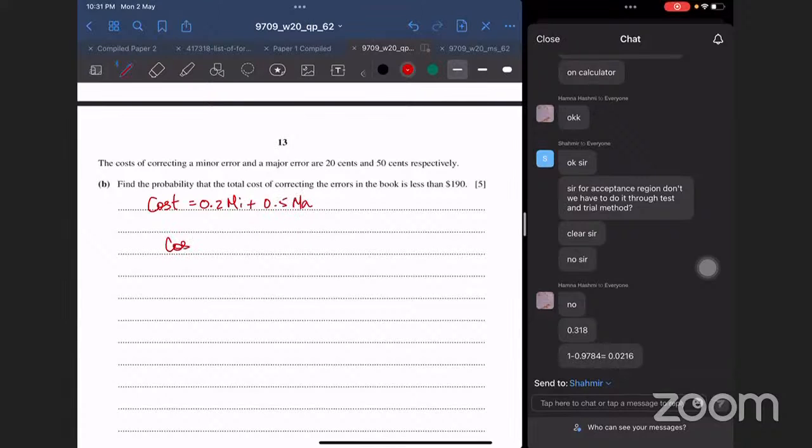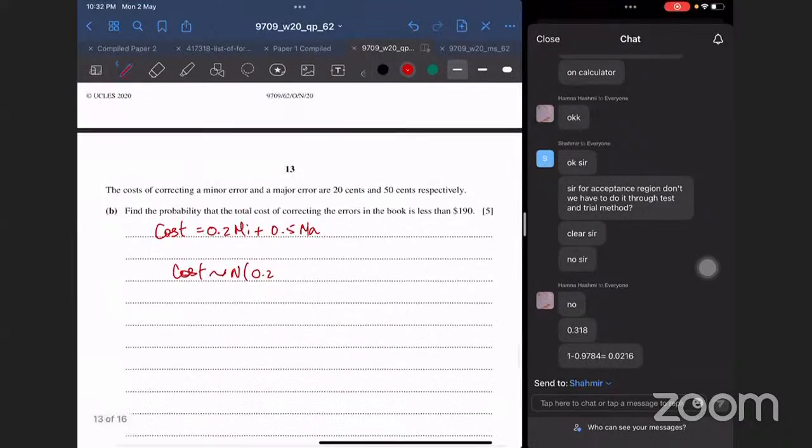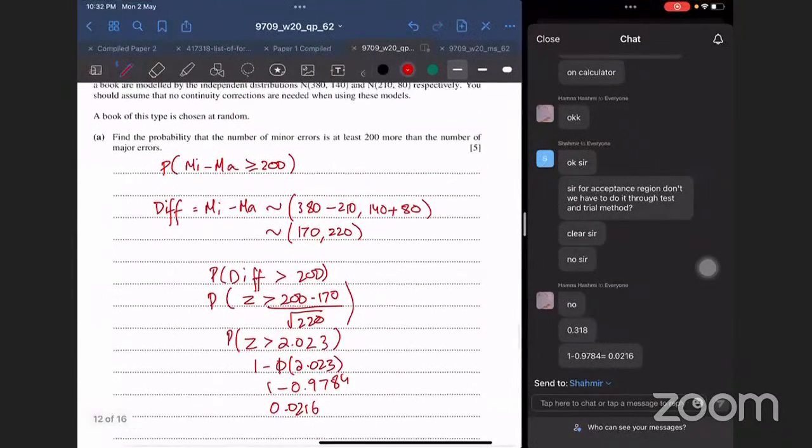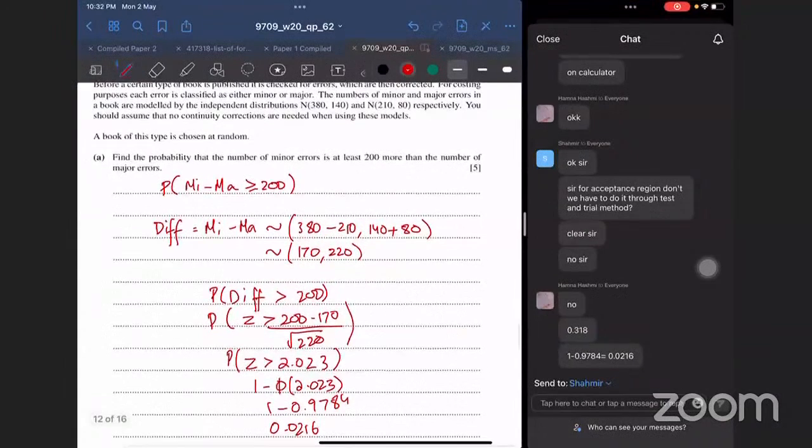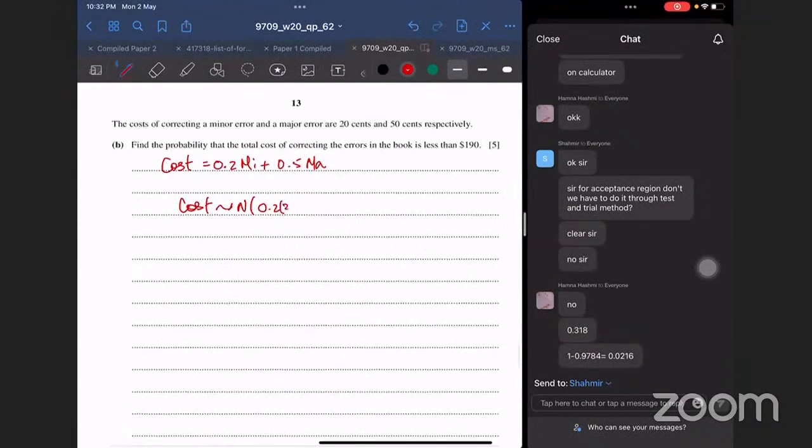So cost will then have a normal distribution. 0.2 into 380 or 210. सही है. ये बनेगी डिस्ट्रीब्यूशन.